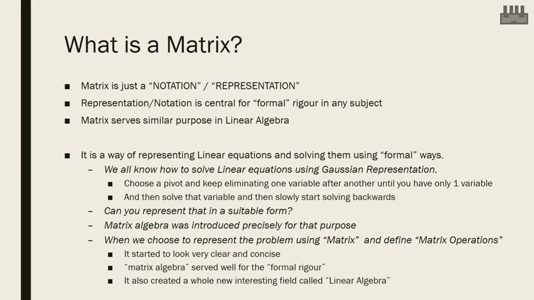We use the Gaussian elimination method for solving linear equations, and to denote this method in action, a notation was required, and that is how the matrix came into being. In the subsequent slides, I'll give you a formal introduction to Gaussian elimination, a kind of primer, and then we will see how matrix notation helps to represent this Gaussian elimination process.